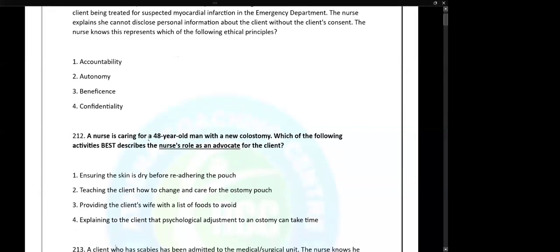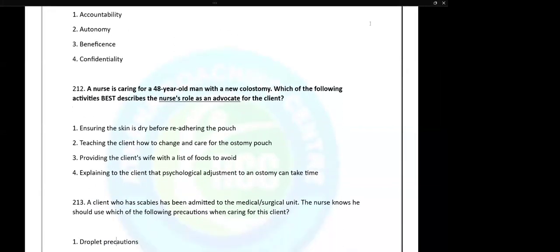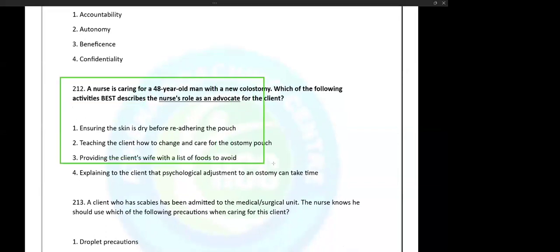Moving to the next question. This is the question. You can read this. Twelfth question.